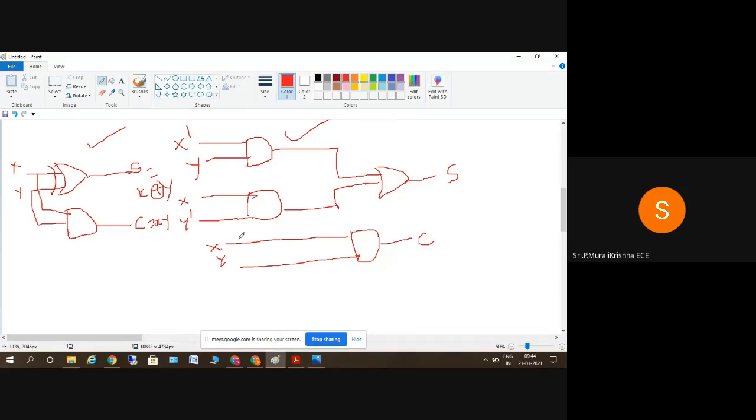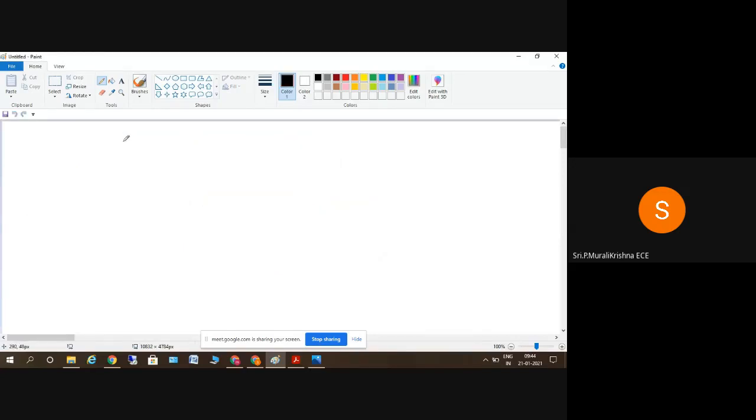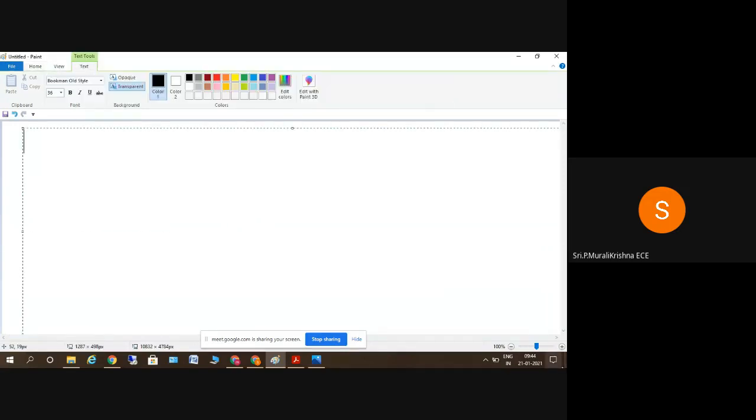So this is the half adder here, so next we'll go for the full adder. We'll design the full adder. A full adder circuit is a combinational circuit that performs the arithmetic sum of 3 bits.